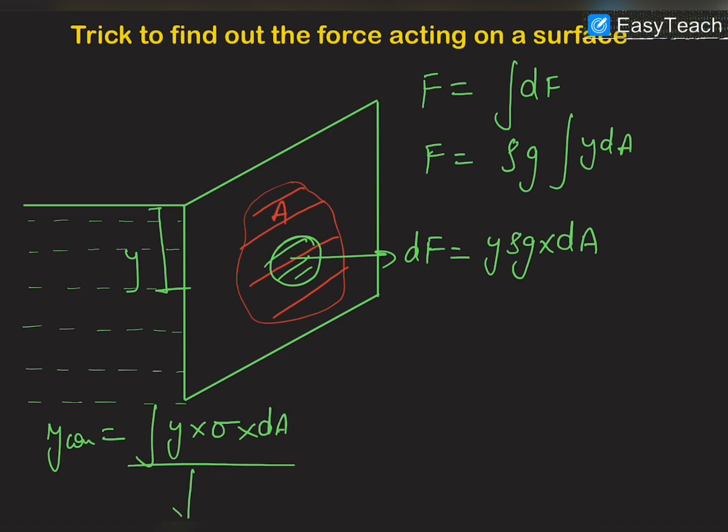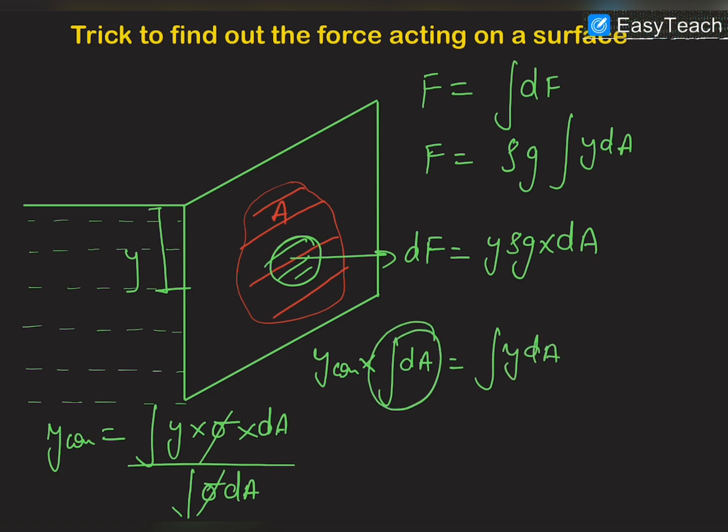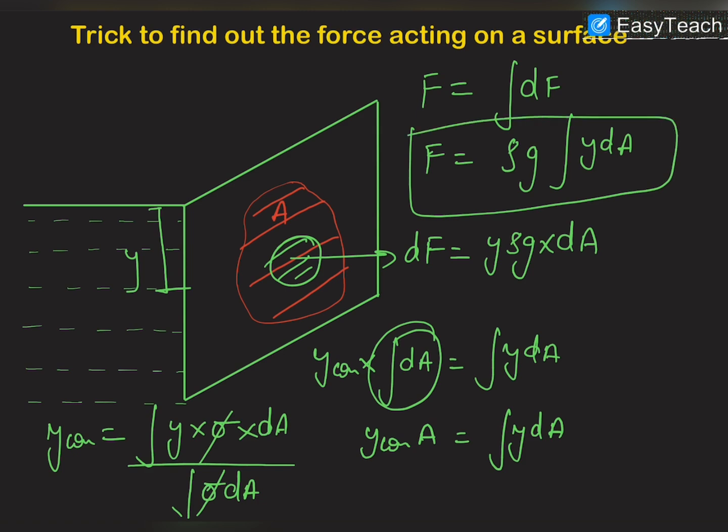So cancelling this sigma with sigma, you can see that ycom into integration of dA will be equal to integration of y dA, and this is total area, so ycom into total area will be equal to integration y dA. So in the expression of total force, we can replace y dA by this one.